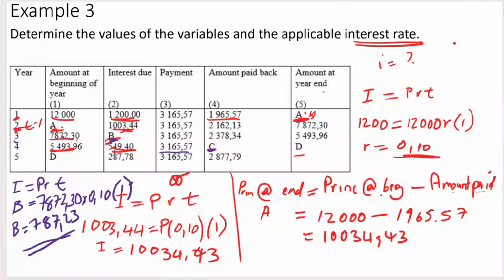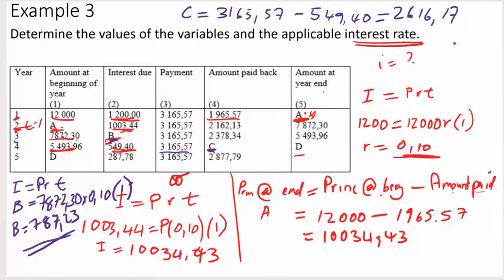So from the amount that you have, you subtract the interest, you're going to get your C. So your C is just going to be equal to 3,165.57 minus the interest that you have to pay first, which is 549.40. So the amount that you are going to be left with, that is going to be the amount that you are going to go and pay your principal, which is 2,616.17. Okay, so that will be your C.